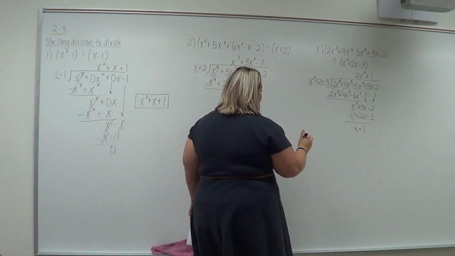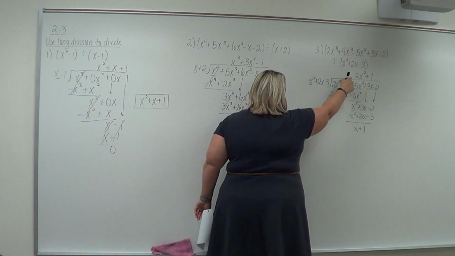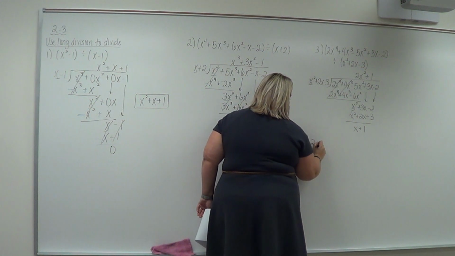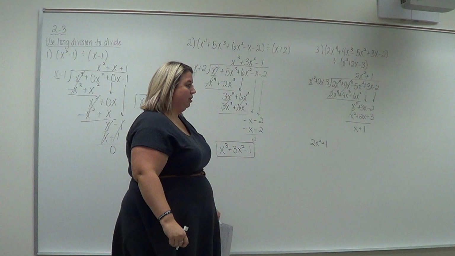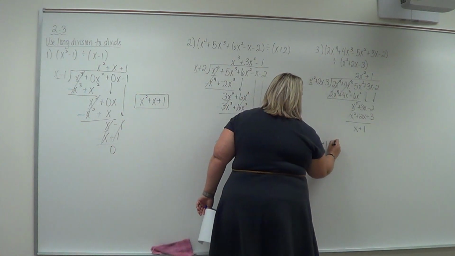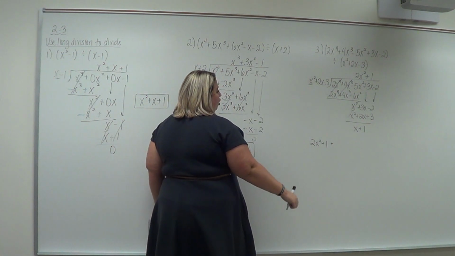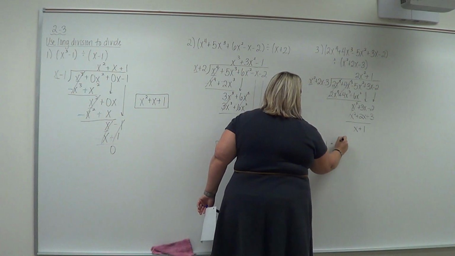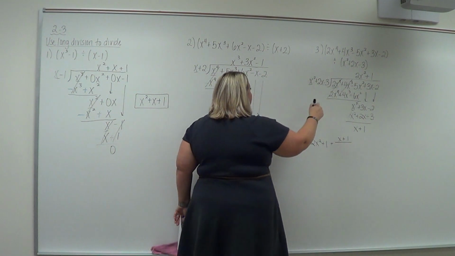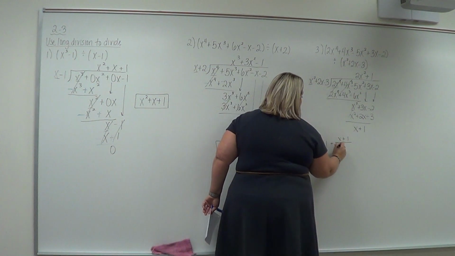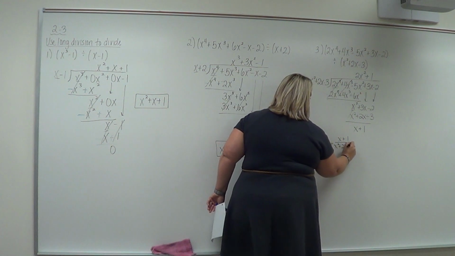Here's how you show your answer when you have a remainder. You do what the top part says. So 2x squared plus 1. And then you do a plus sign. And you put your remainder, which is x plus 1, over what you divided by, which was the x squared plus 2x minus 3.